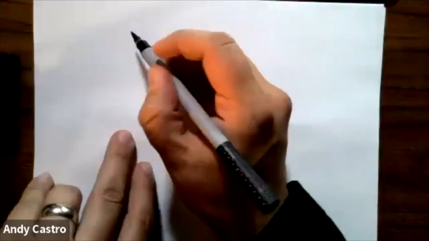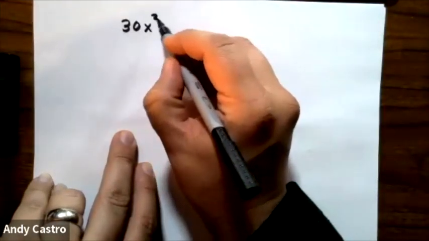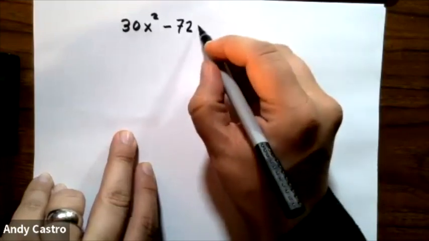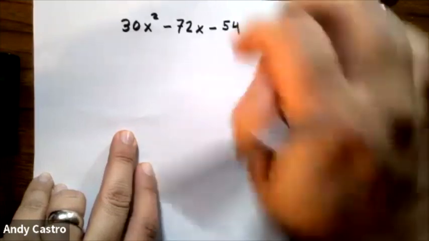Let's go ahead and work another example. All right, let's do 30x squared minus 72x minus 54.